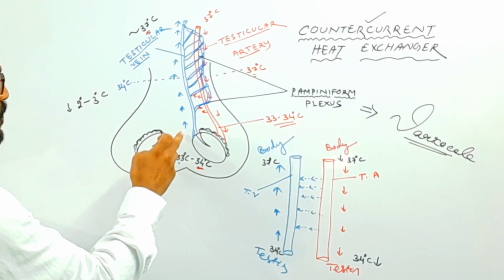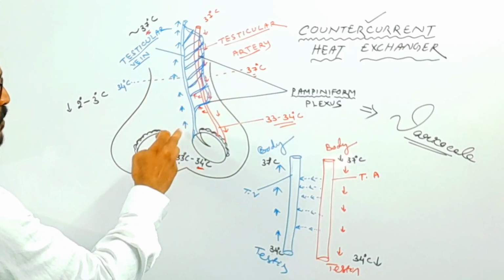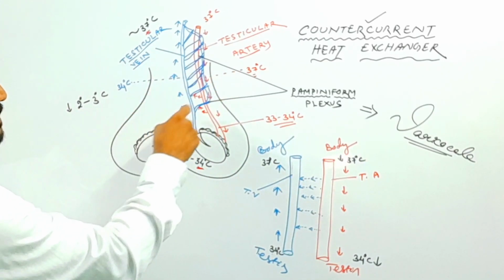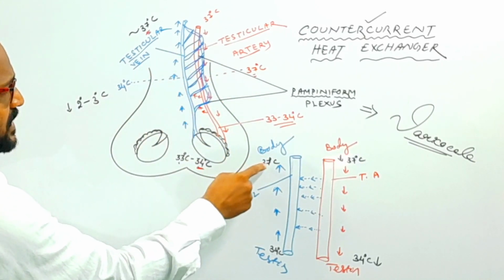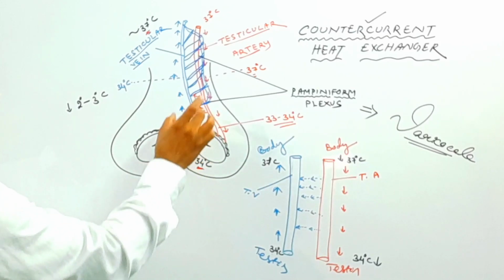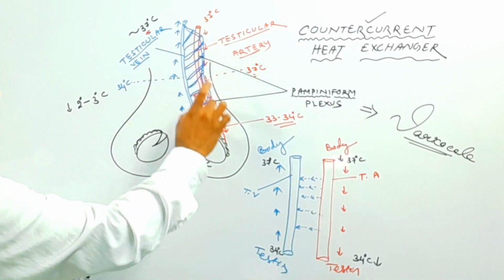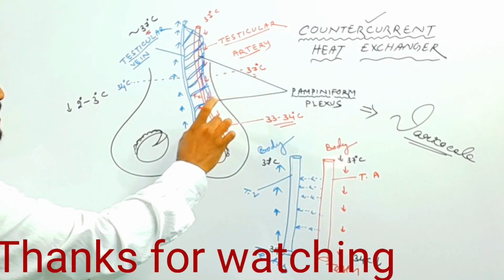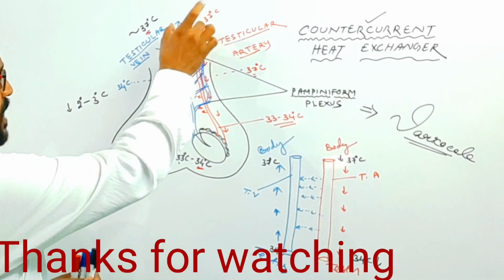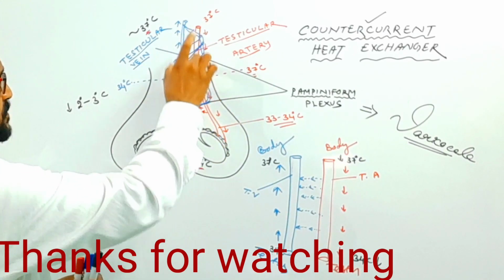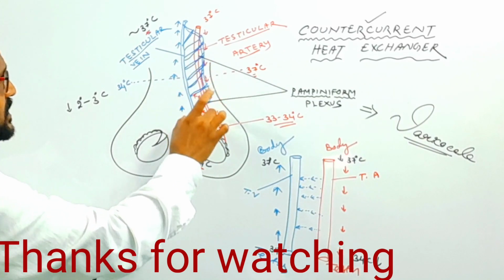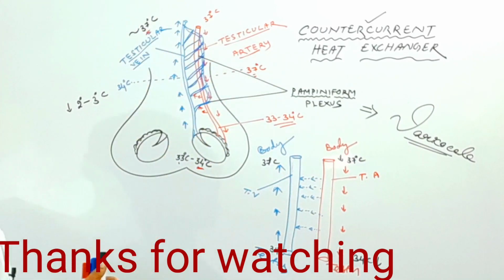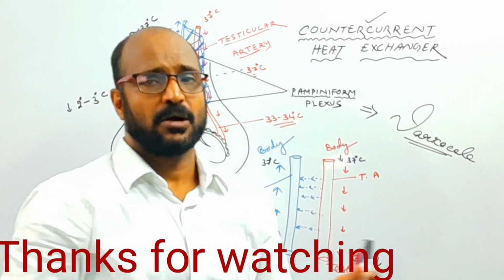The blood flowing inside the pampiniform plexus absorbs heat from the testicular artery and reaches 37 degrees centigrade. These arteries and veins run along the spermatic cord, through the inguinal canal, and enter into the body. So this is the whole of it.